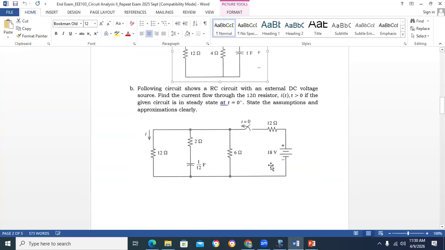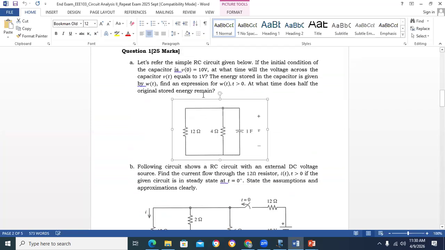So you can see that this is a steady state. That is very simple. You will get around 10 to 15 marks here, and around this one, you get around 35 marks. You are asked to find the capacitor energy, the stored energy also.